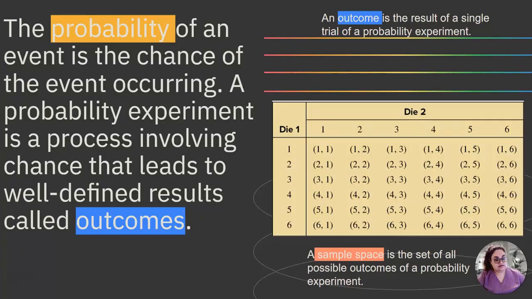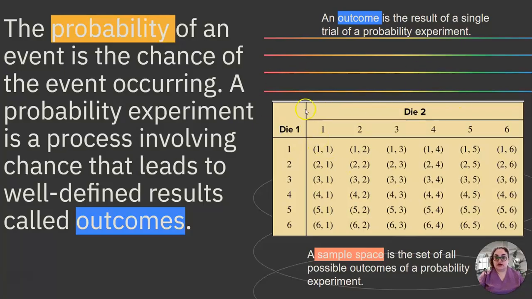So the sample space of one dice is the numbers 1 through 6. Those are all of the possible outcomes I can get from rolling a dice. Let's say that I rolled a dice and I got a 3. The probability of rolling that was 1 out of 6, because there's one 3 out of 6 total outcomes.